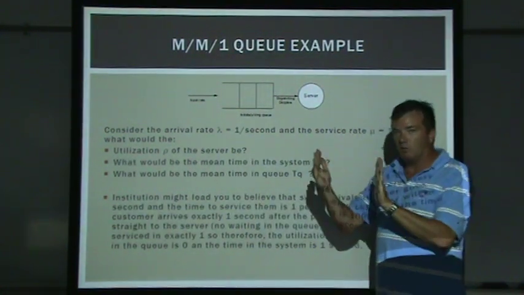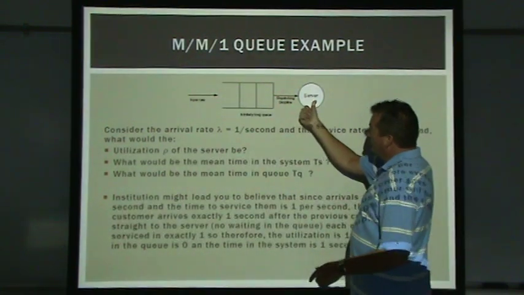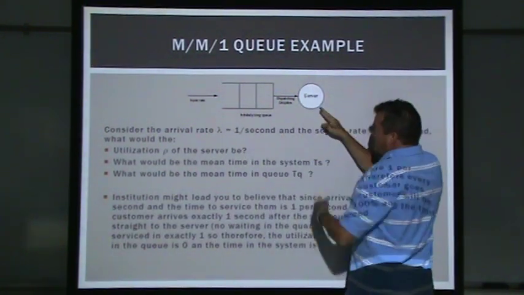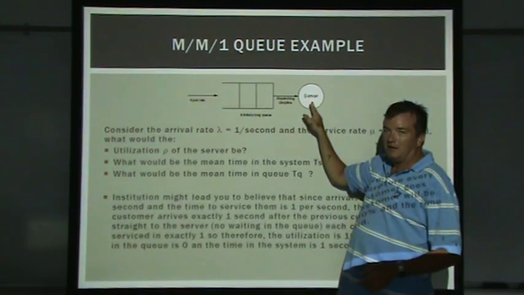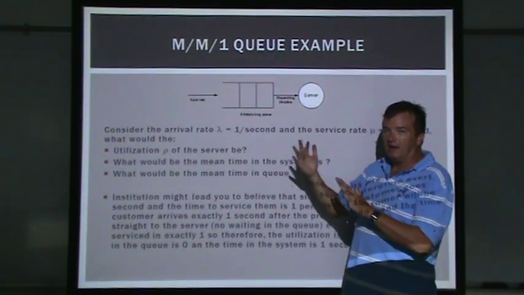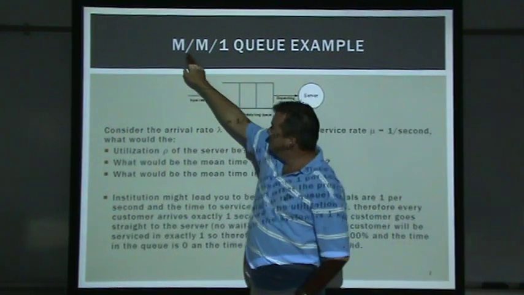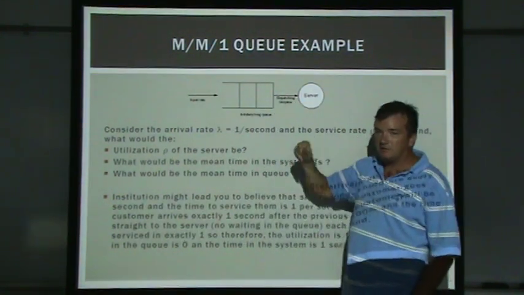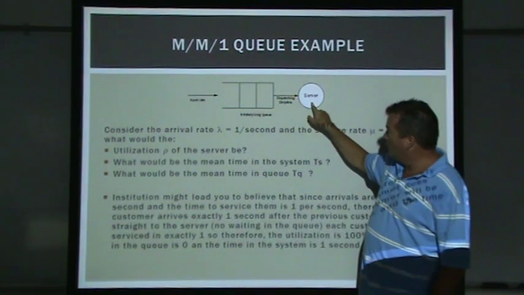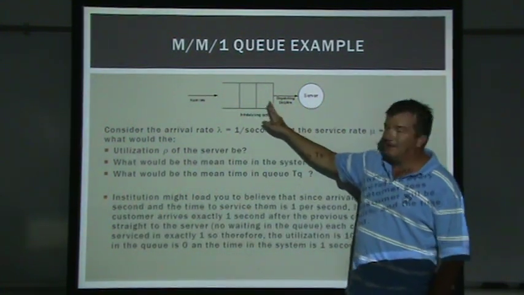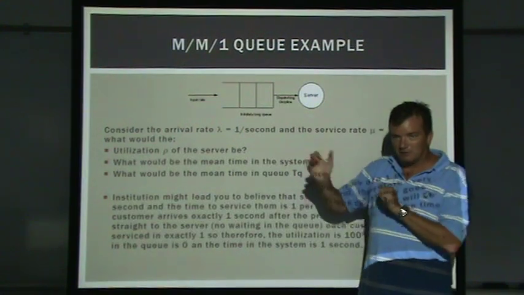At time equals 1, the first one leaves as the second one arrives. So it never really gets into the queue, it jumps right into the server. And this would go on all day. So if it was a D/D/1 system, there would always be one process in the server and nothing ever in the queue, because it's perfectly scheduled.